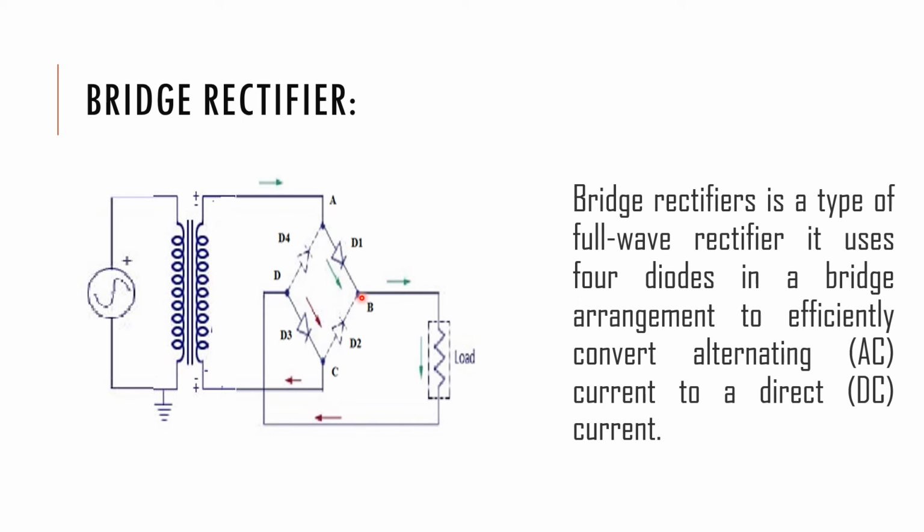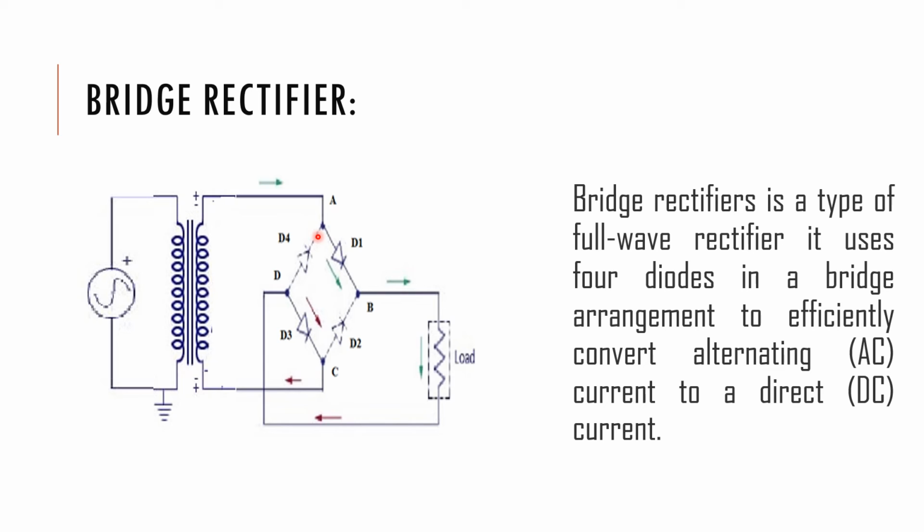So current will flow through AB and DC, and in the other half cycle, the current will flow this way, through CB, then the load resistance, and then D4 will conduct, that is DA. So this is the way the current will flow.